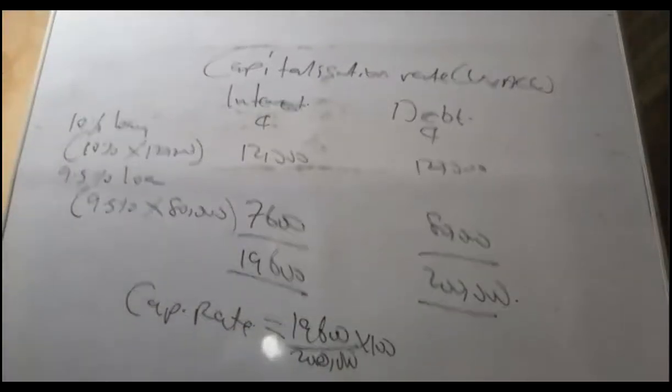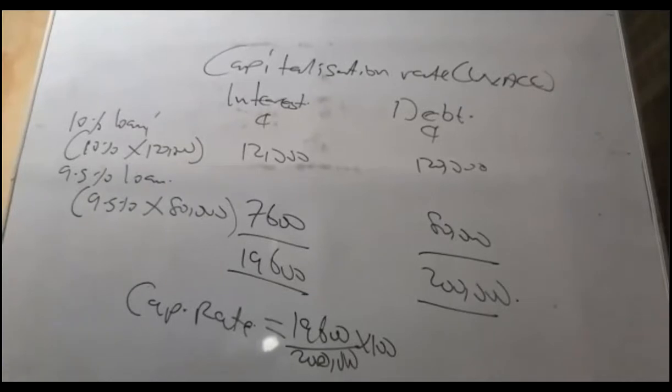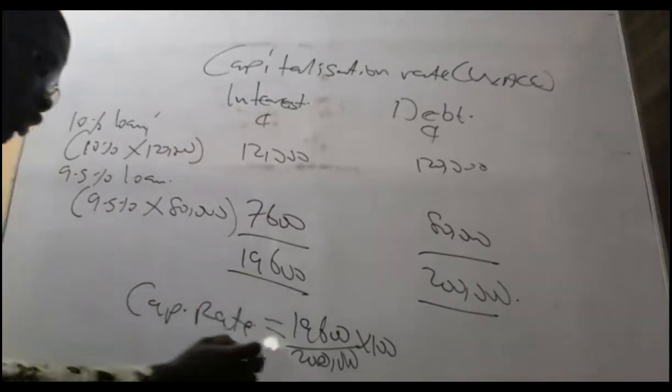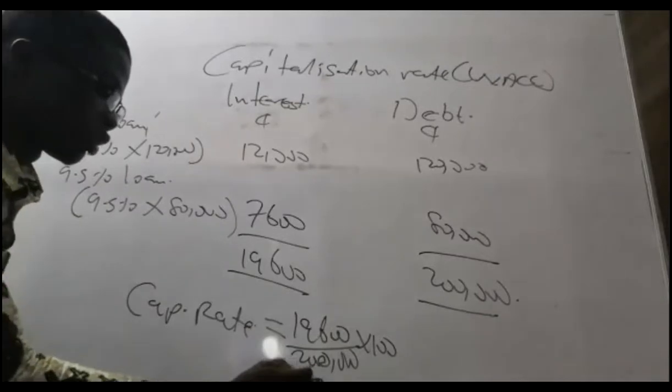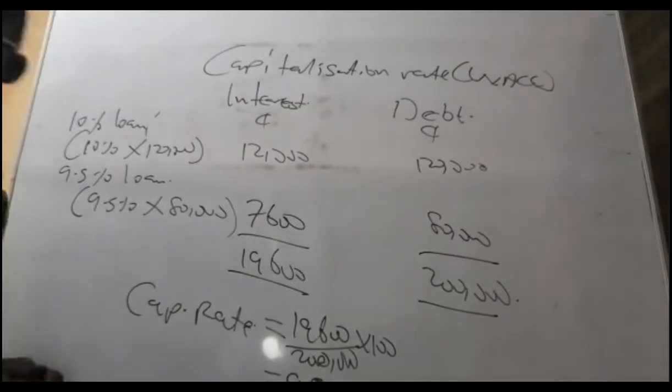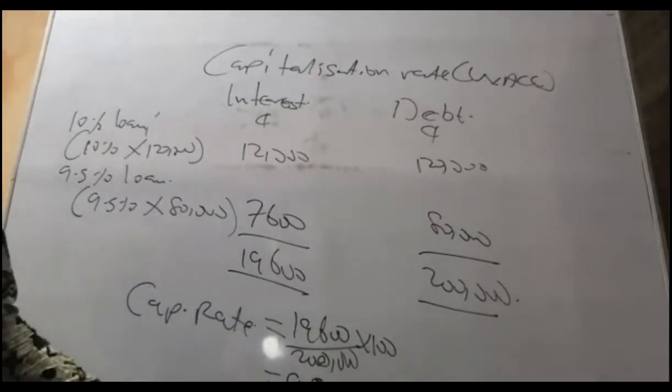That'll give us 19.6 divided by 200. That's 9.8%. So therefore, the capitalization rate is what? 9.8%. Agreed. Good. So that's the end of the capitalization rate.